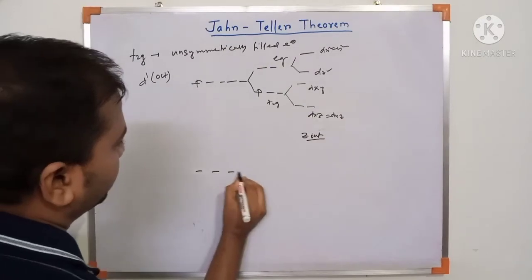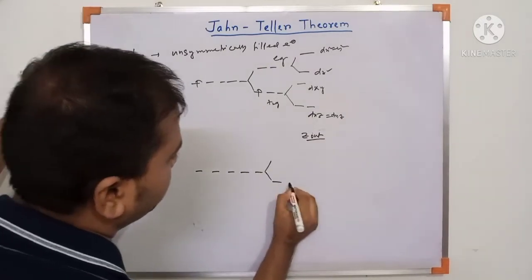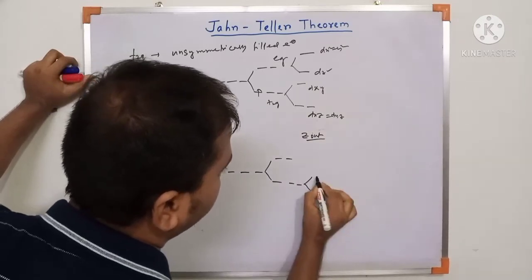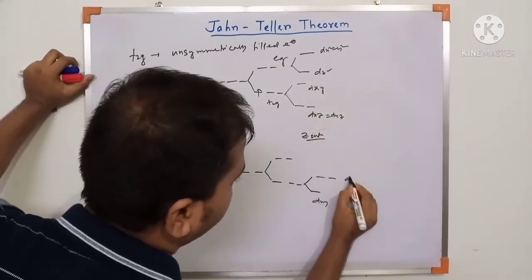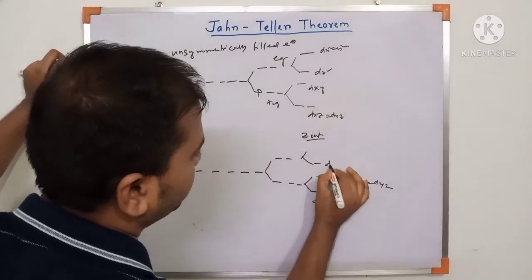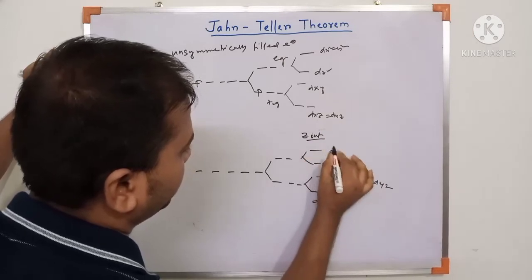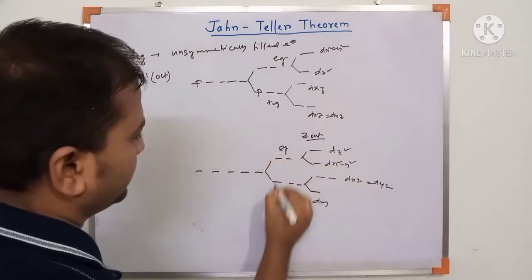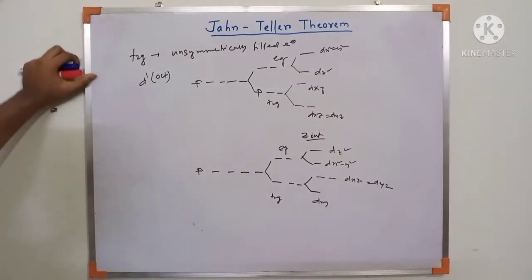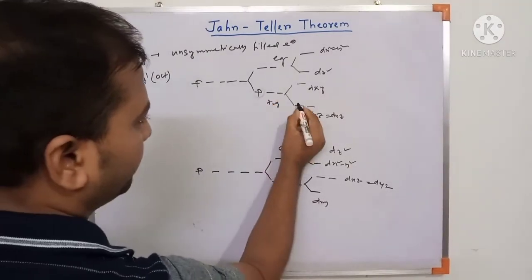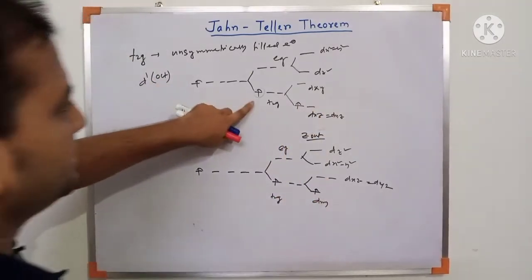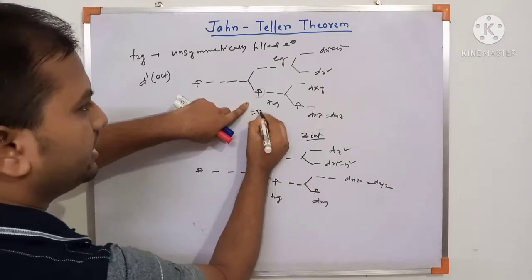Second, the Z-in case: t2g is further split. This is dxy and this is dxz, dyz, and eg splits into dx square minus y square and dz square. This is eg, this is t2g, and one electron is there. If the one electron is in this position, it is an electronically degenerate state.